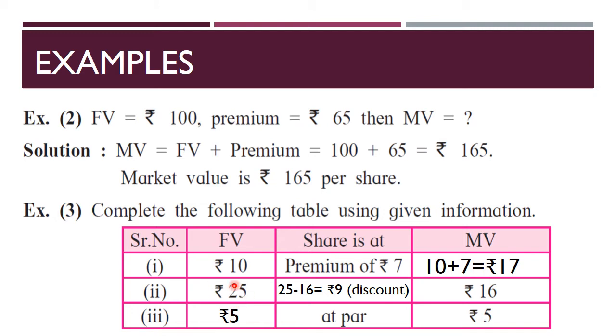Next, if face value is 25 and market value is given as 16, here the market value is less than the face value, that means the share is at discount, and the discount is ₹9. In the third case, face value is ₹5. The share is at par, that means FV and MV are both equal, so market value is given as ₹5 and face value is also ₹5.